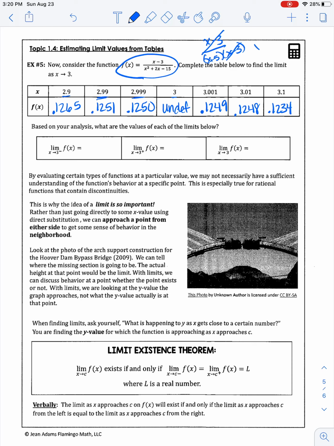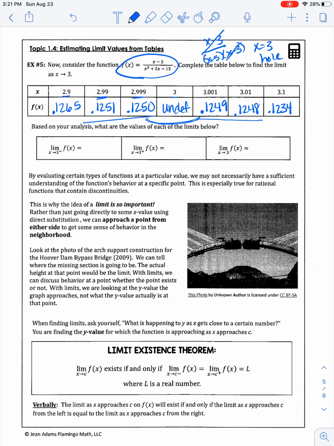So I can see that at x equals 3, it is a hole, not an asymptote. Because if it was an asymptote, then these numbers would be getting really, really big. And instead, it looks like it's just jumping over a number because it's a hole, it's a pothole.